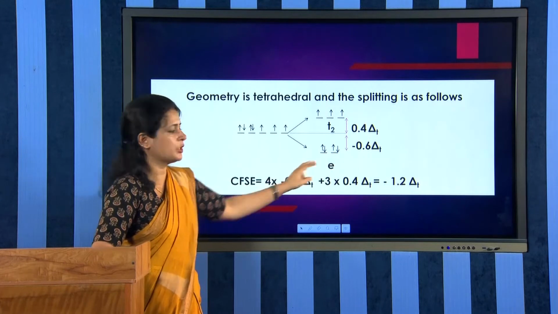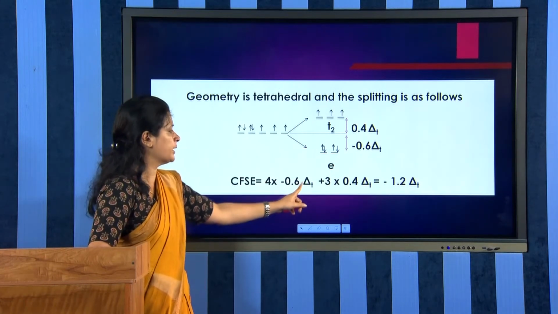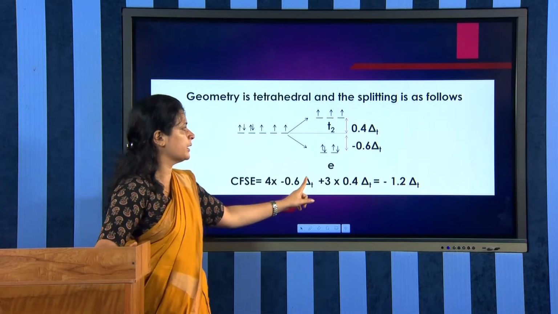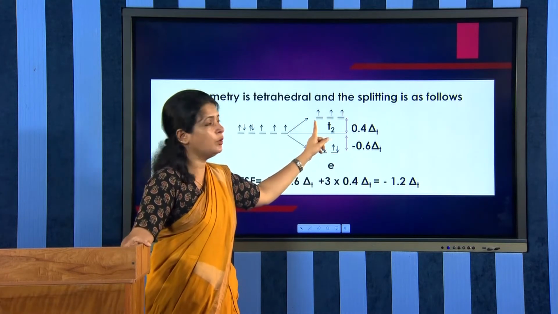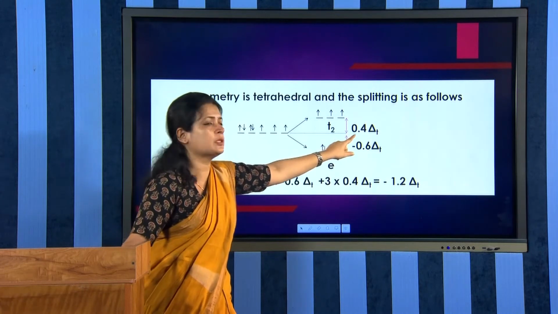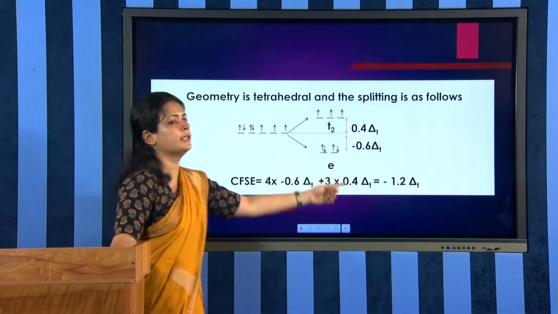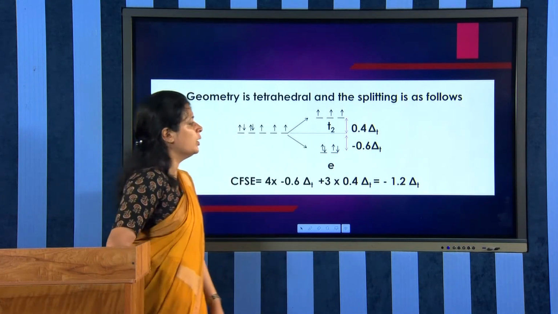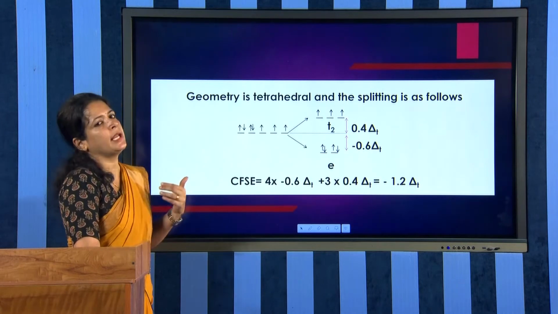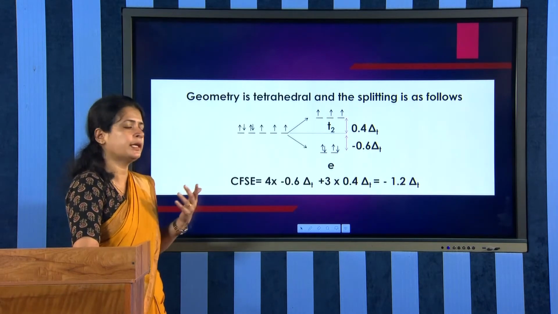You have 4 electrons. So, 4 into the stabilization energy, minus 0.6 delta T. So, 4 into minus 0.6 delta T. How many electrons in the T2? You have 3 electrons. So, 3 into the destabilization energy, 0.4 delta T. After summing up, you will get the answer as minus 1.2 delta T. And this is the way to calculate the crystal field stabilization energy of any complex.